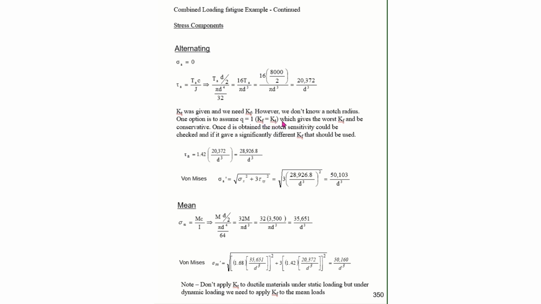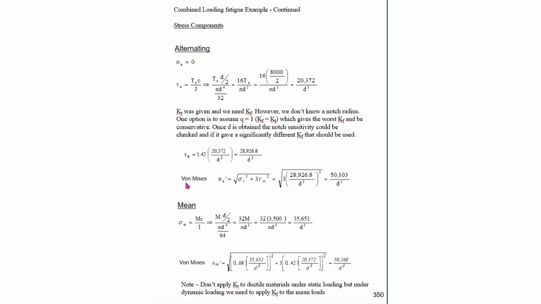And this would give the worst Kf and would be conservative. Then once D is obtained, the notch sensitivity could be checked, and if it gave a significantly different Kf, that should be used. So on the alternating stress, we're going to go ahead and use the Kt value for Kf.